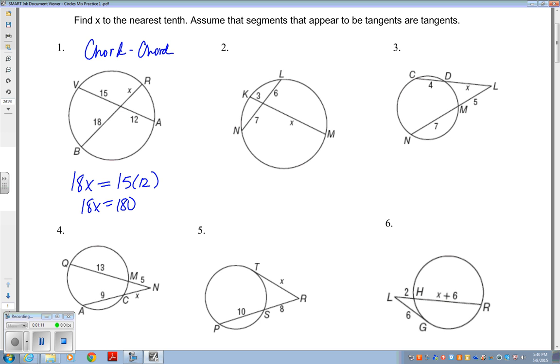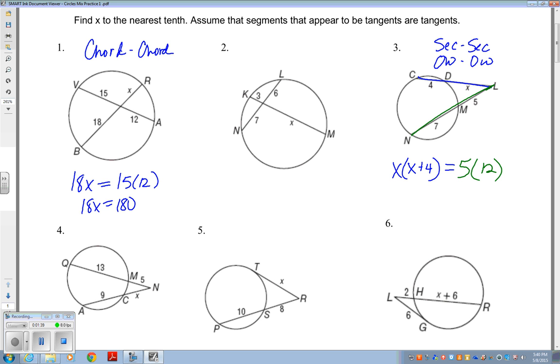On 3, I'm hoping you see that you have secants, or some of y'all remember it as outside times the whole. If I do the first secant that I have here, outside is x times the whole, which is x plus 4, is equal to, for the second secant, the outside, which is 5, times the whole secant, which would be 12.